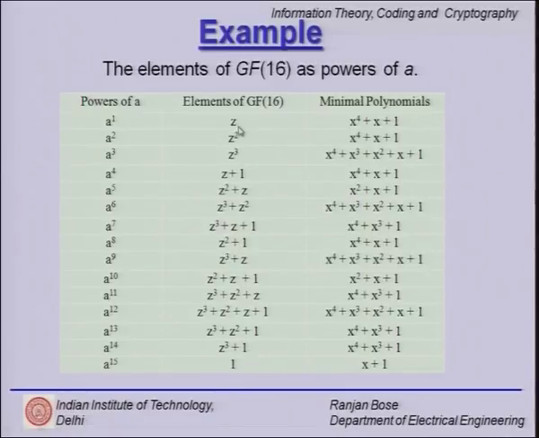Now, if you take alpha, alpha squared, alpha 4, and take the elements and you multiply (x minus z) into (x minus z squared) into (x minus z to the 4) and so on and so forth, which are the conjugates, you end up with the minimal polynomials. So, for example, let us take this example a little forward. So, we go back to the drawing board.